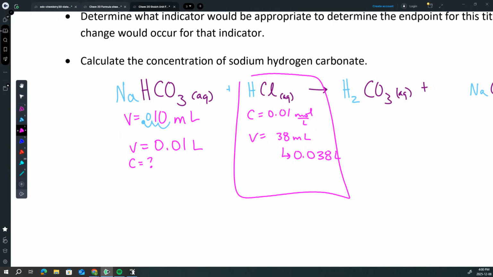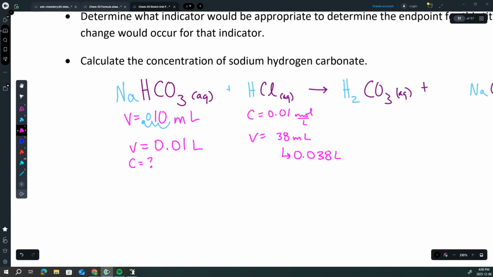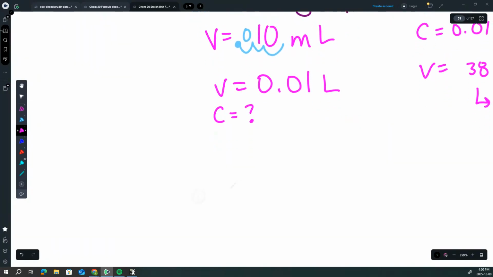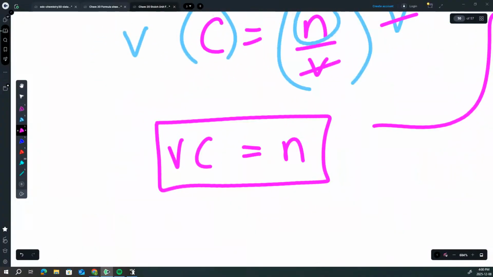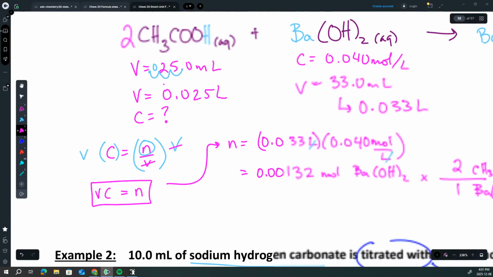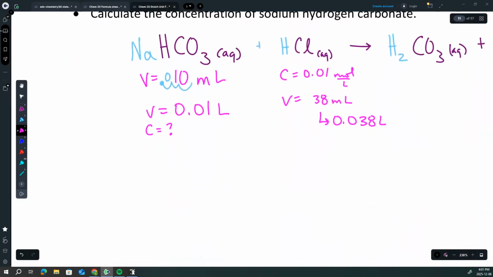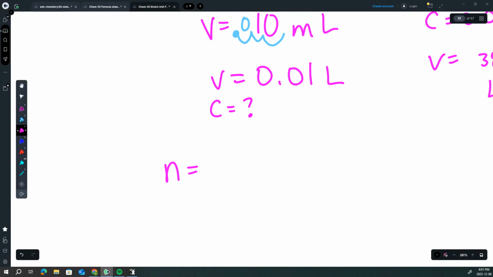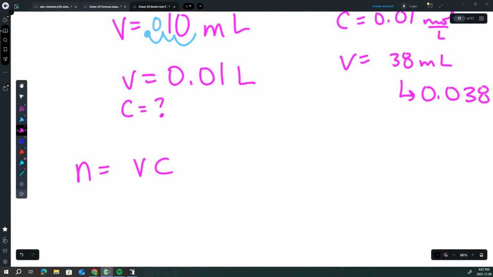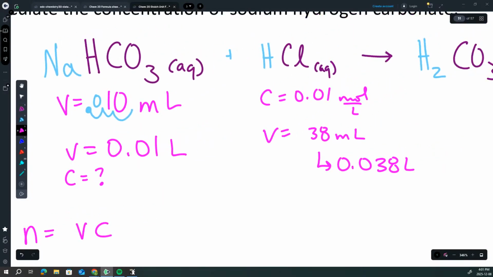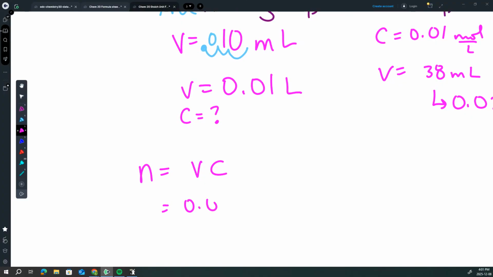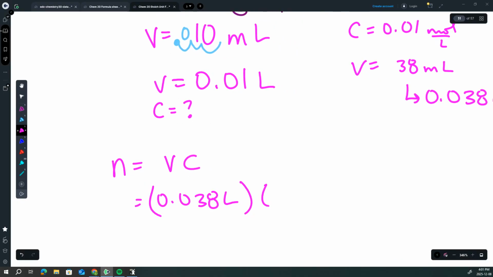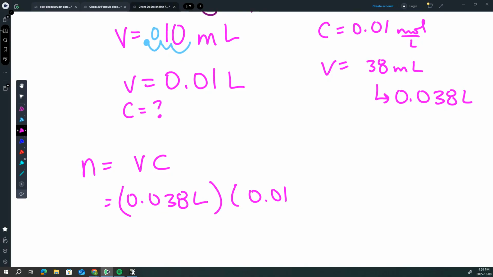So the given substance is hydrochloric acid, so let's start there. So going back to the previous question here, I'm going to start off with this formula. Moles is equal to volume times concentration. Okay, so remember my concentration and my volume need to come from the same substance. So 0.038 liters for hydrochloric acid multiplied by the concentration of hydrochloric acid.